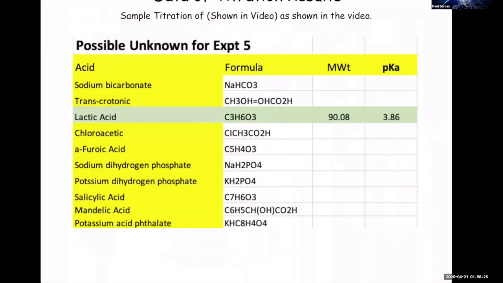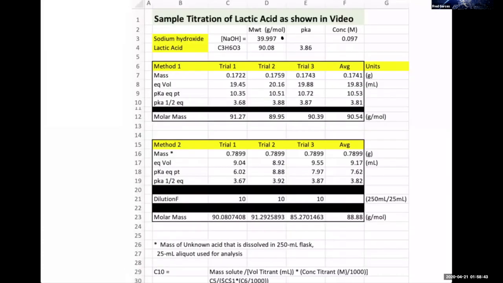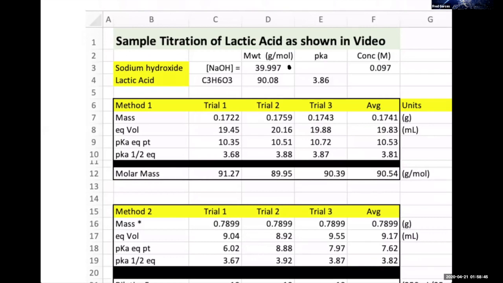So this is again the data. This would be the list of unknowns that is possible. So here's the calculation, and let me run it through. This is the molar mass of, let me blow this up, this is the molar mass of the sodium hydroxide. I already know that I'm doing lactic acid.